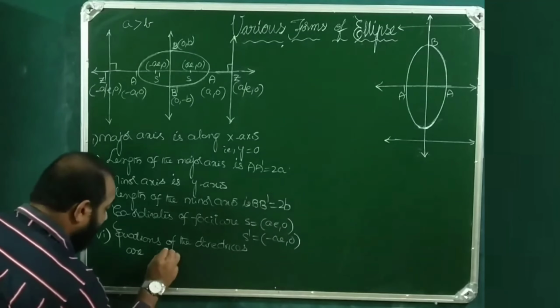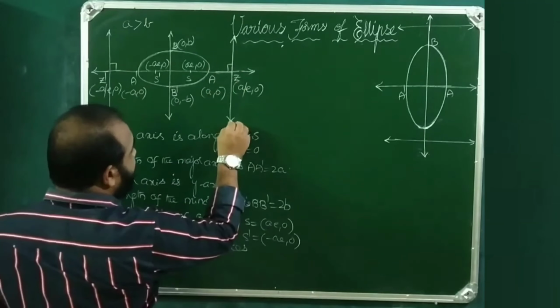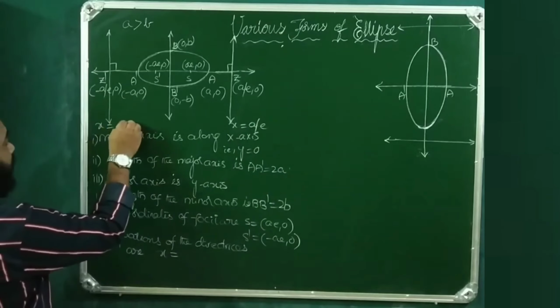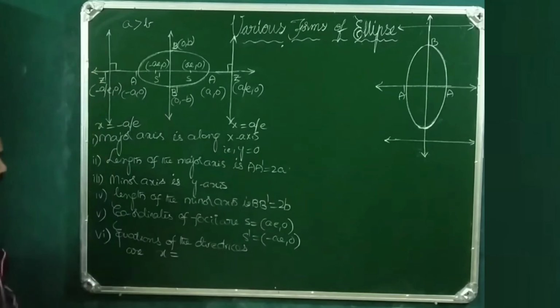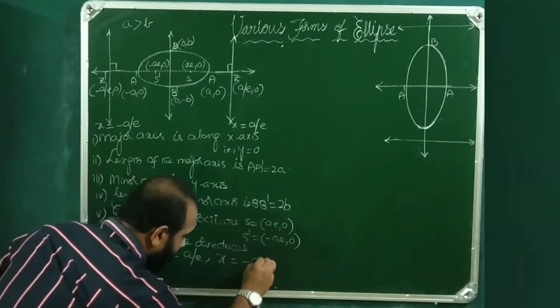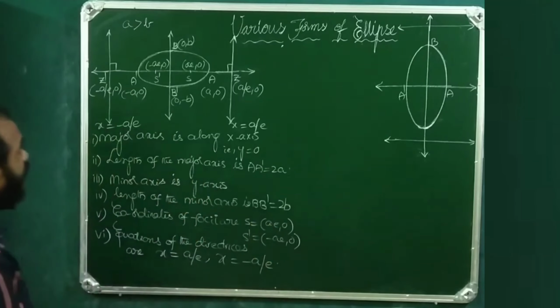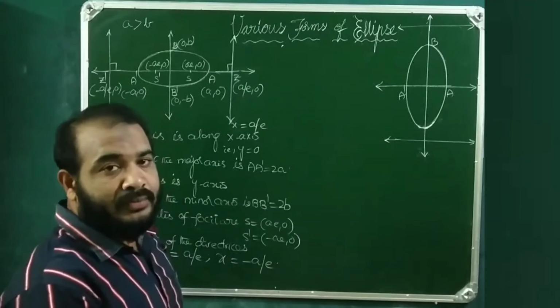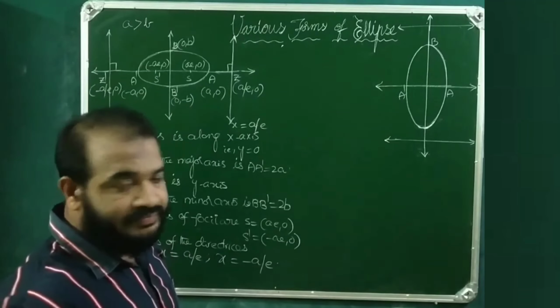So x equals a by e and x equals minus a by e are the equations of the directrices.